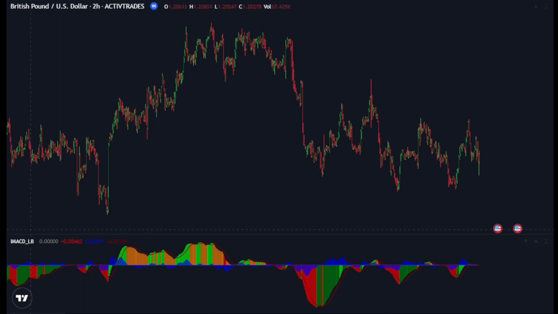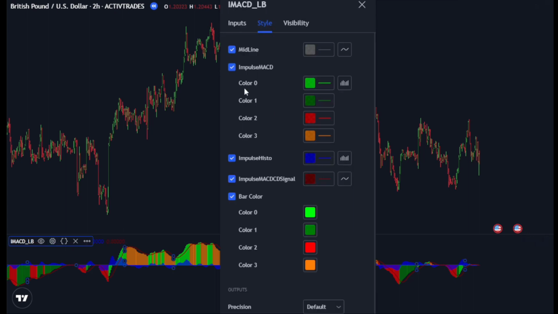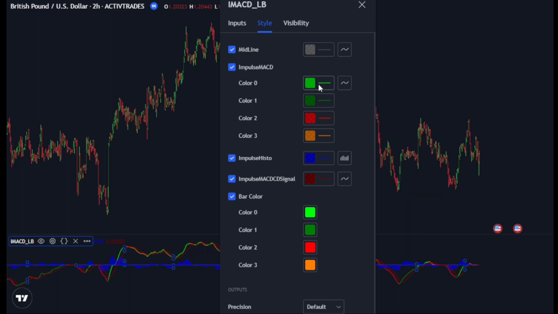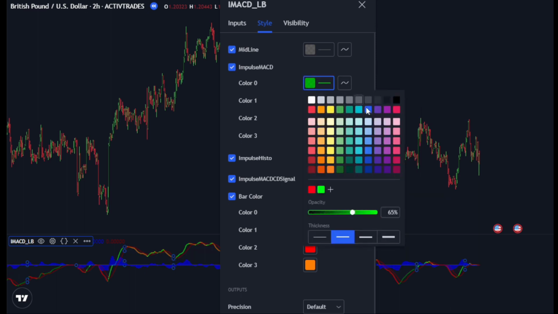Now we are going to modify the Impulse MACD to see the strategies that we can use with this incredible indicator. First, we are going to change the style of Impulse MACD. We change from histogram to line, and color 0 to 3 we put in light blue with opacity at 100%.